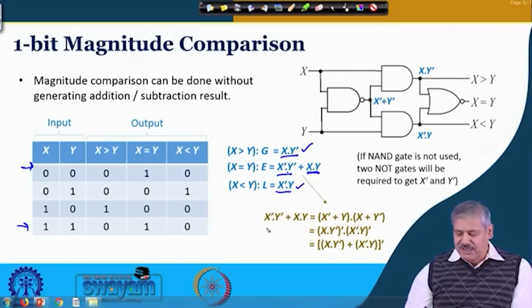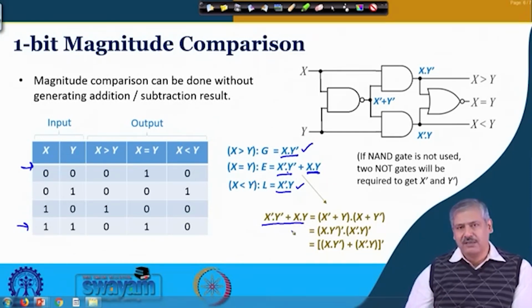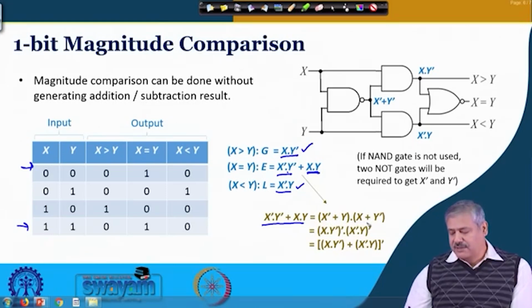So, for that we can see that x prime y prime OR with x y, we can write this as x prime OR y and AND with x OR y prime. You can see that x prime and x will become 0. So, x prime y prime will come from this particular term, and y x will be there from this, and y prime y will be 0.